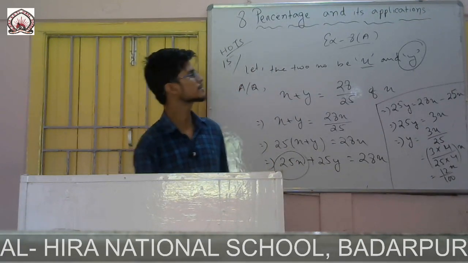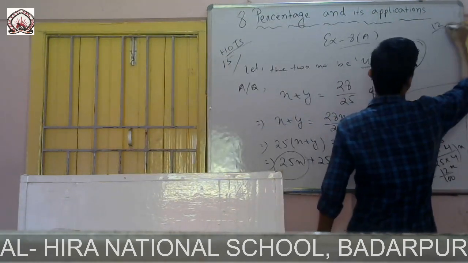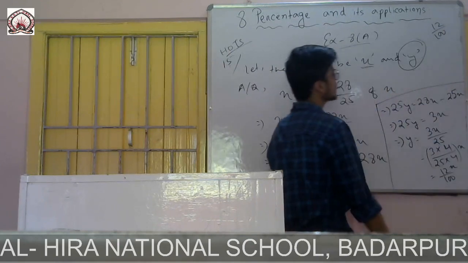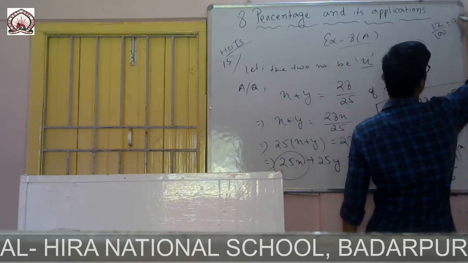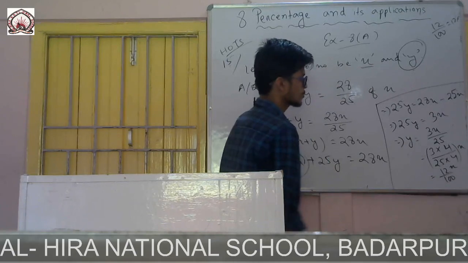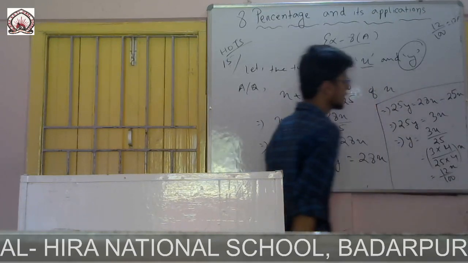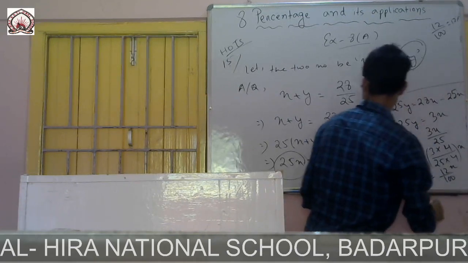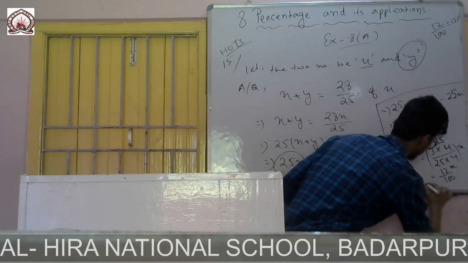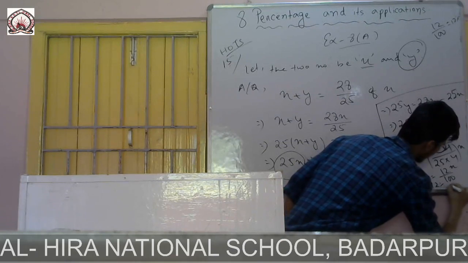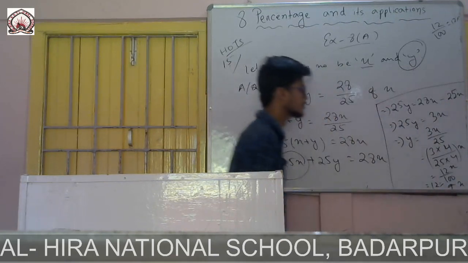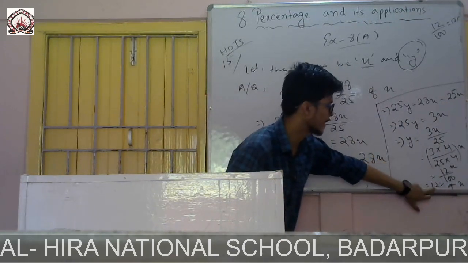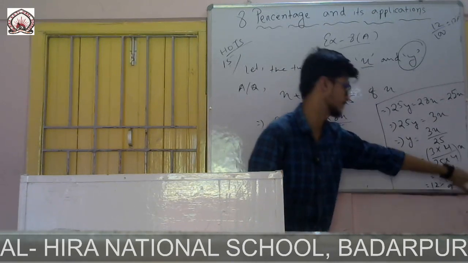12 by 100 means 12%. Any number with denominator 100 I can write as a percentage. So 12 by 100 into x will be 12% of x. After writing this line, you write 12% of x.